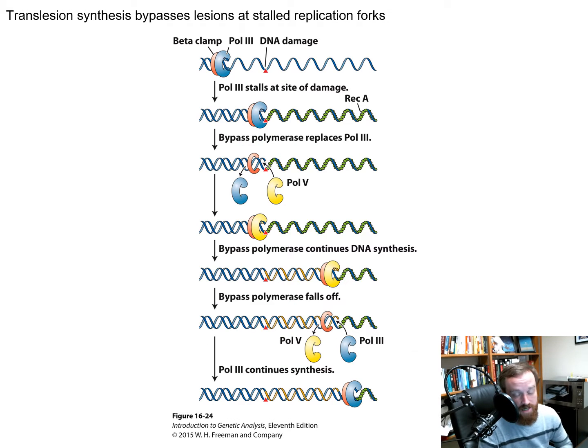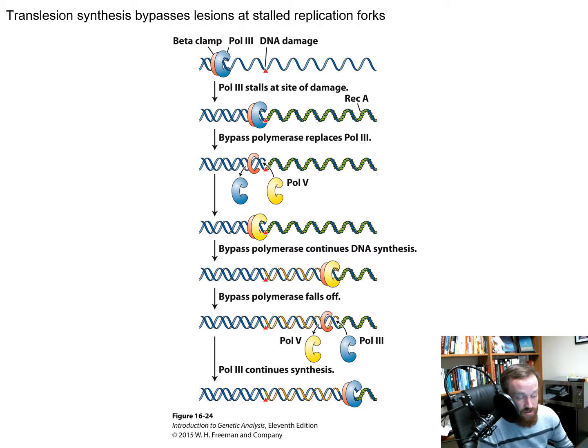Okay, so we've seen how mismatch repair occurs after replication, but what happens if the replication machinery is churning along the single-stranded DNA, using that as a template for replication, and it runs into DNA damage, whether that be a mutation or a lesion or some sort of other damage?